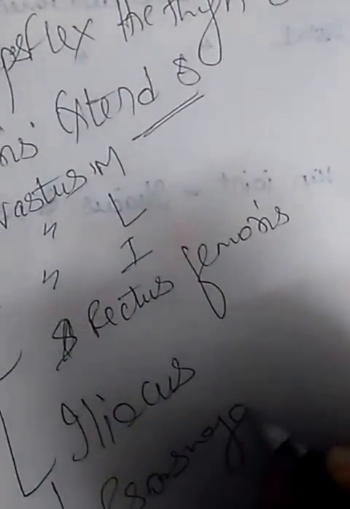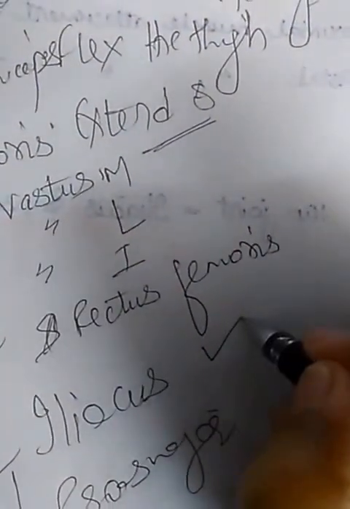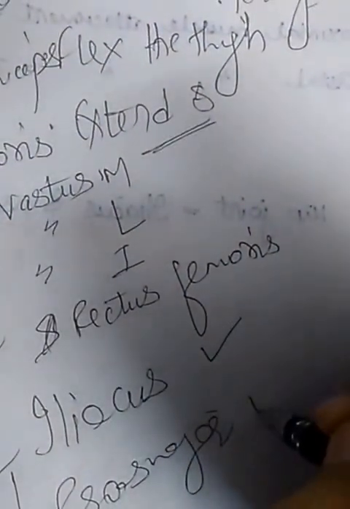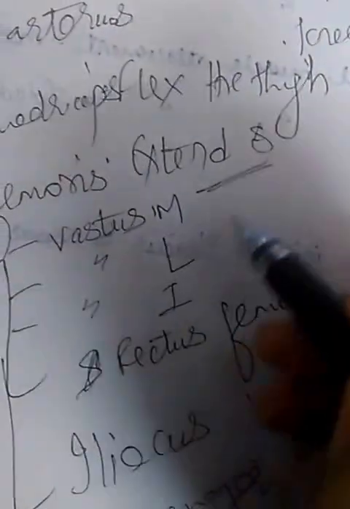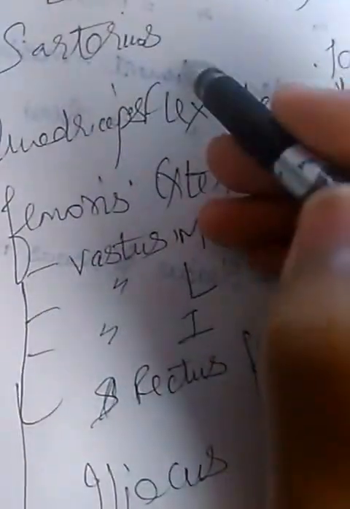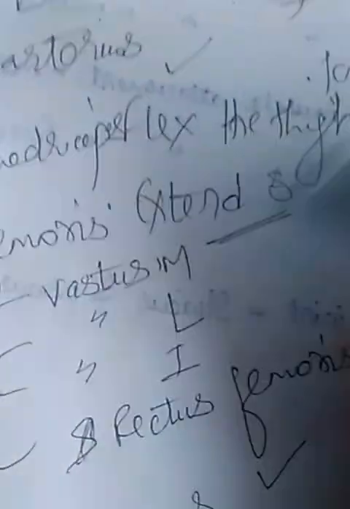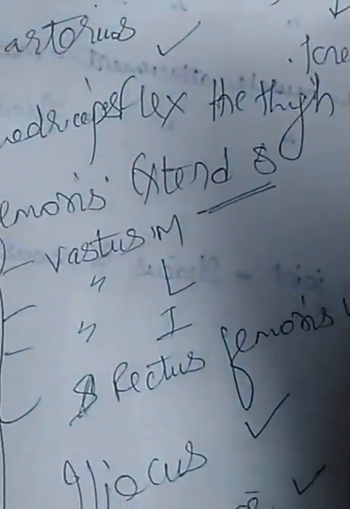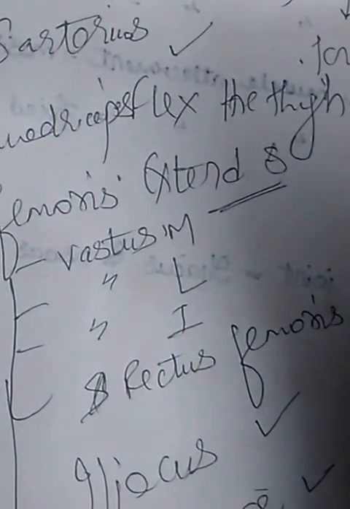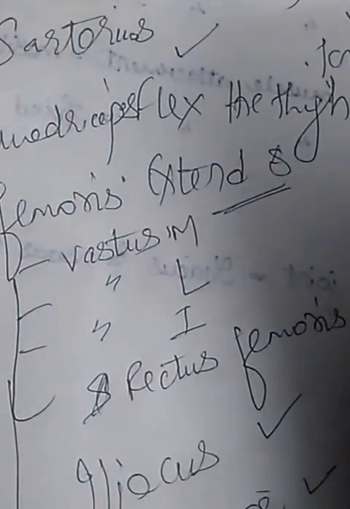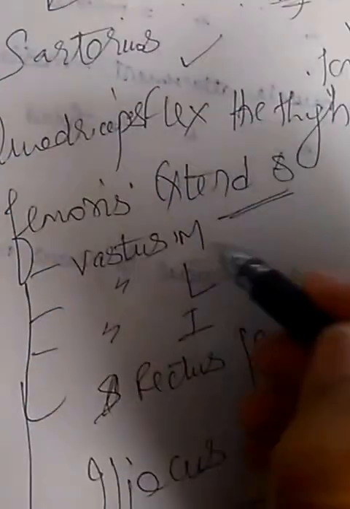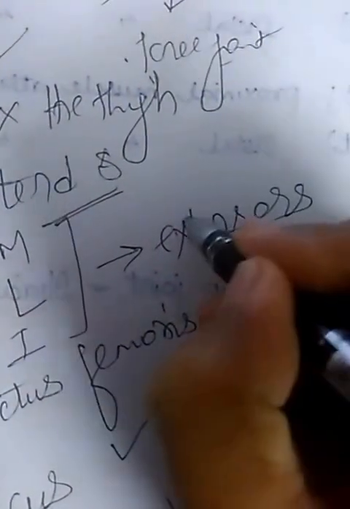Among all these muscles, you should know the major flexors of thigh are iliacus and psoas major, along with sartorius and rectus femoris. All three vasti are mainly the extensors of leg at knee joint.